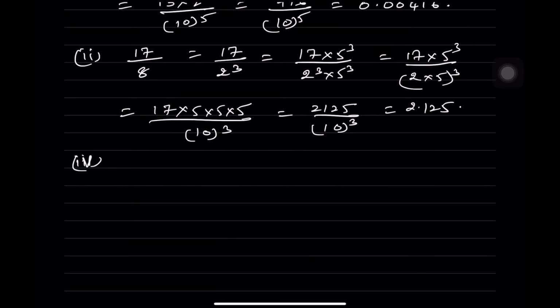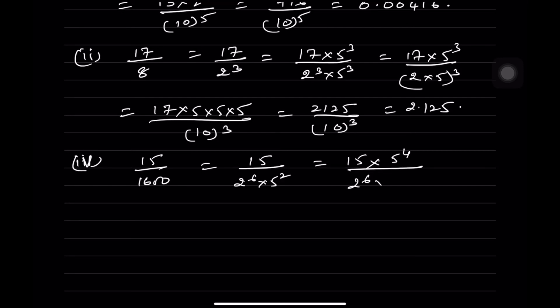So next, the fourth one is a terminating decimal. We can write 15 by 1600 is equal to 15 by 2 to the power of 6 into 5 square. We have to multiply and divide by 5 to the power of 4 to make the powers the same.